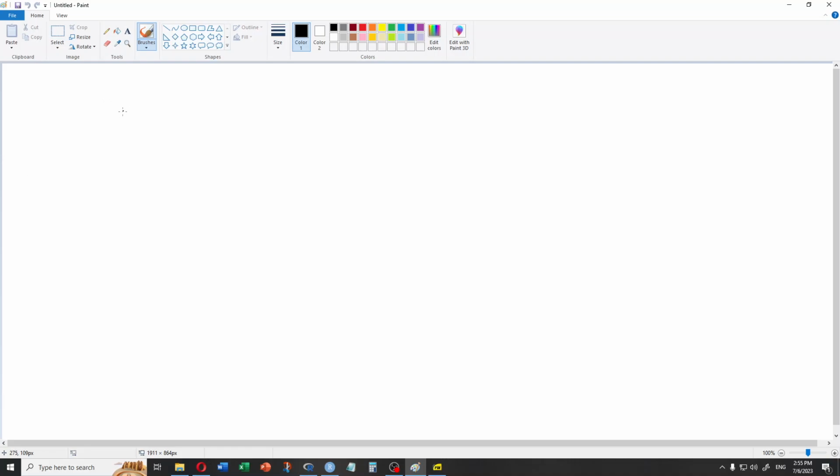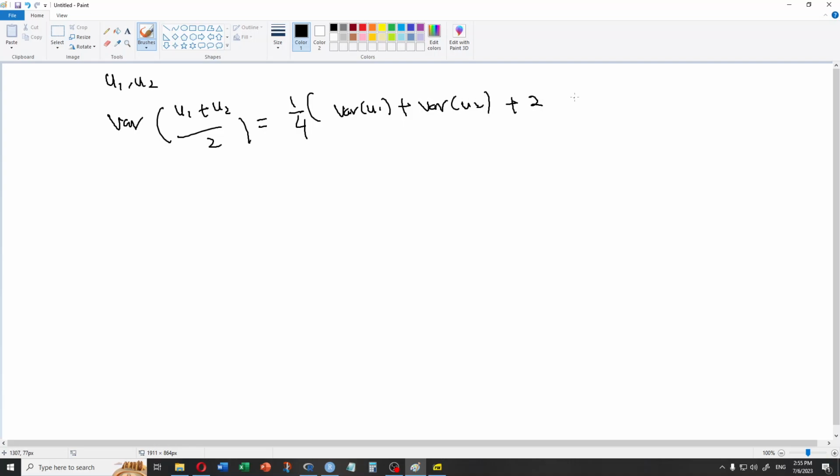Also let us recall the formula for the variance between two numbers. Let's say you have u1 and u2. The variance of u1 plus u2 divided by 2 is given by 1 over 4 of the variance of u1, plus the variance of u2, plus 2 times the covariance of u1 and u2.